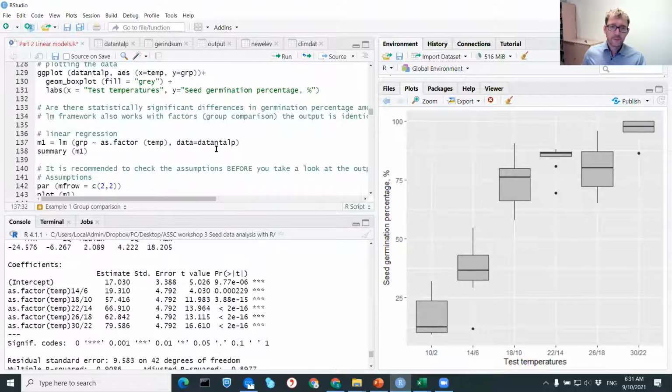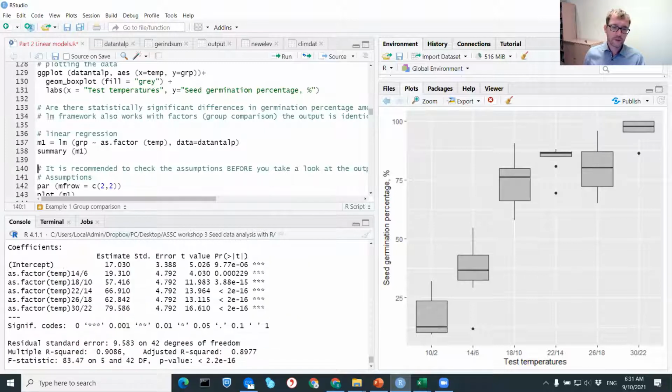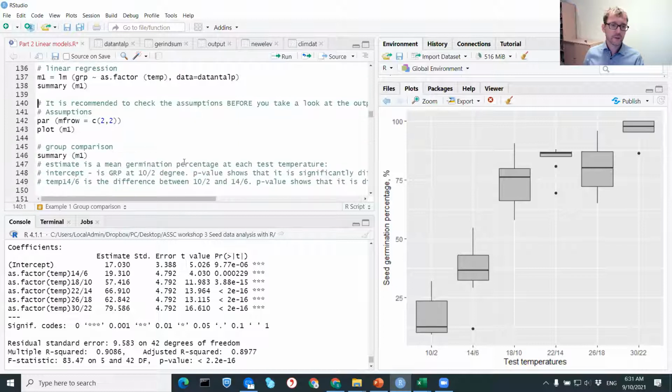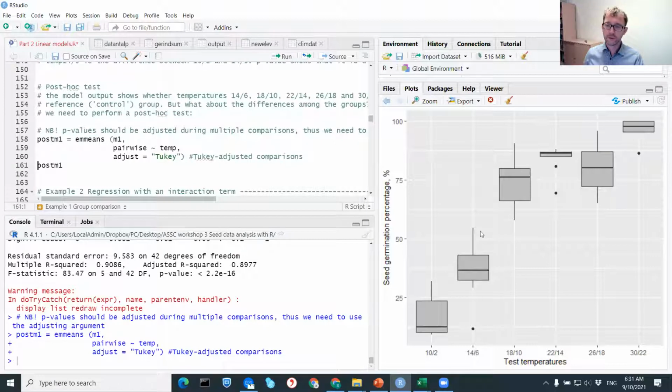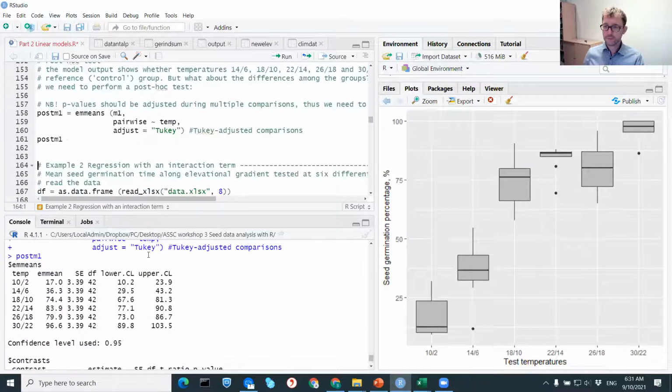So you run first this model. It basically tells you there are some significant differences in germination percentage among the tested temperatures. And then in the post hoc test, I'm simply comparing all those groups to each other. And here you can see 2 things. This is the mean germination percentage for the temperature 10.2, 14.6, 18.10, and so on and so forth. You can see that those numbers are close to the plotted values.